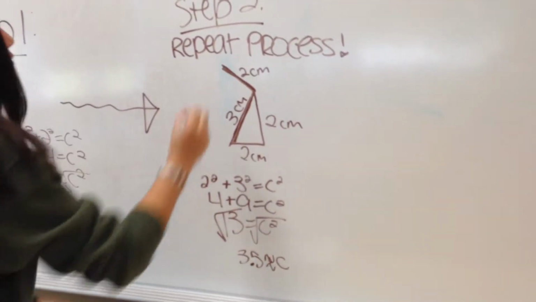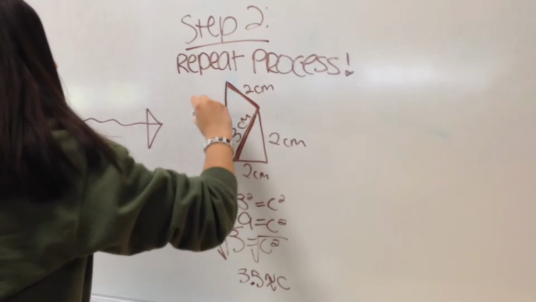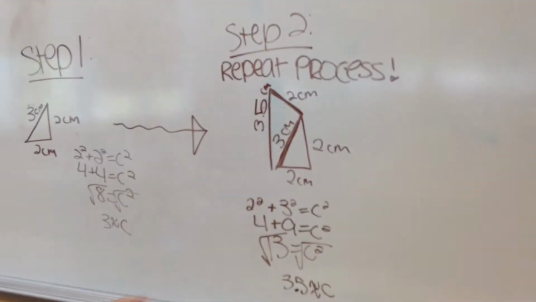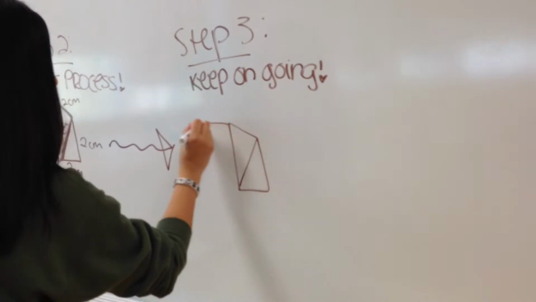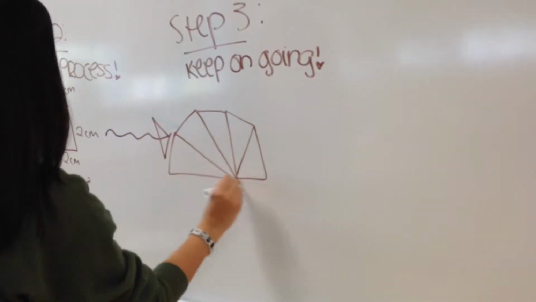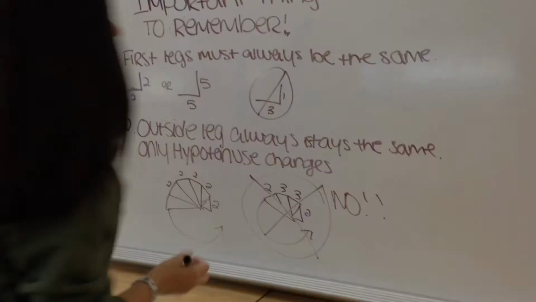Now that you've done that, I got about 3.5 for mine. So once you measure it out, it should come out to be 3.5 centimeters on your ruler. And after, you just keep on going. Don't stop. Just keep on adding those triangles, making sure you're getting all your measurements right, and it should come out to be a really cool spiral.